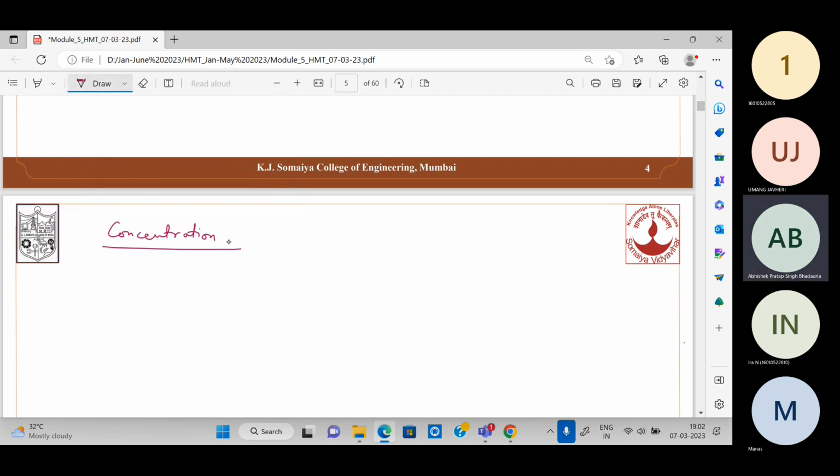The concentration, velocities, and fluxes. It is required to understand these.